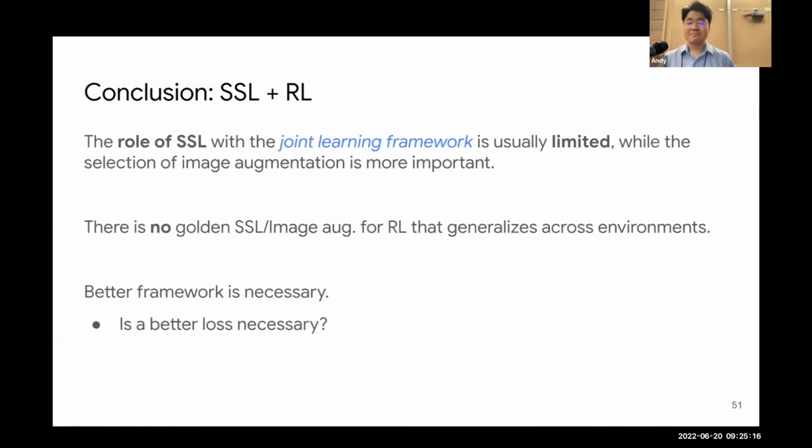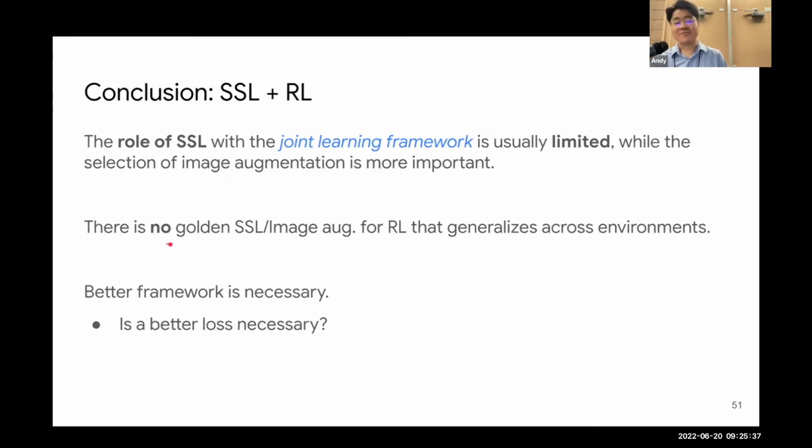So that's pretty much it. The conclusion we were able to observe was that the role of self-supervised learning, at least within this joint learning framework, trying to jointly optimize everything, is usually very limited. While the selection of image augmentation is sometimes much more important.